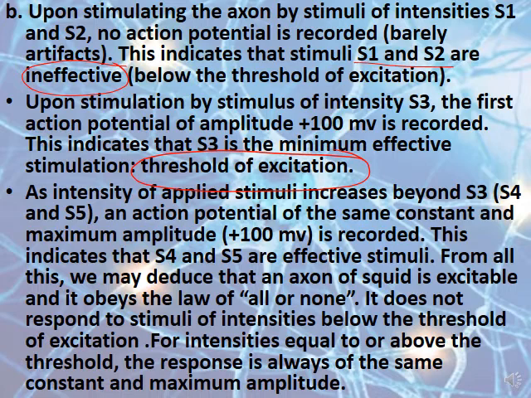An action potential of the same constant and maximum amplitude, which is 100 millivolt, is recorded. What does this indicate? This indicates that S4 and S5 are effective stimuli. From all this, we can deduce that the axon of the squid is excitable and it follows the law of all or none.